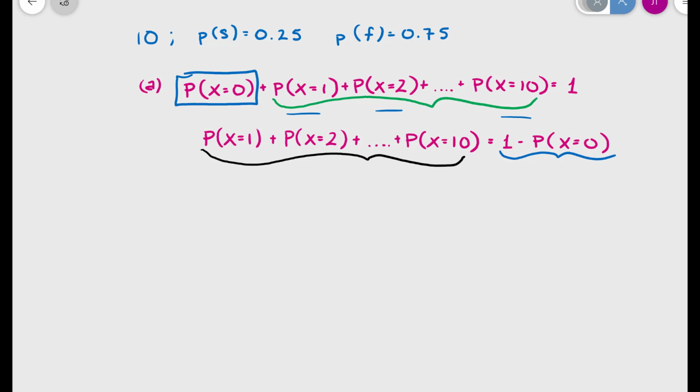The left-hand side, the probability of x equals 1 plus the probability of x equals 2, all the way through the probability of x equals 10, is equal to 1 minus the probability that x equals 0. The probability that x equals 0 is very simple to compute using the probability formula.